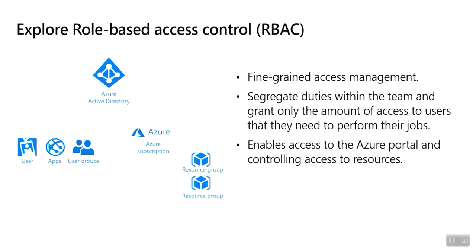That's really key when it comes to role-based access controls: you only want to grant the amount of access that a user needs to perform their jobs. So instead of trying to give everyone unrestricted permissions and saying, run wild, you want to protect your resources in your subscription.